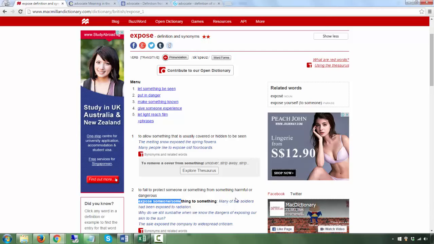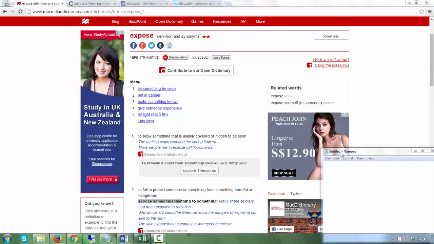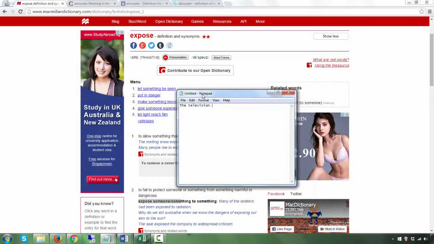So when you use it in a passive form, for example, you may say, "the television exposes", present simple, because this is something that happens regularly, "children to violence". Okay, so expose someone to something.